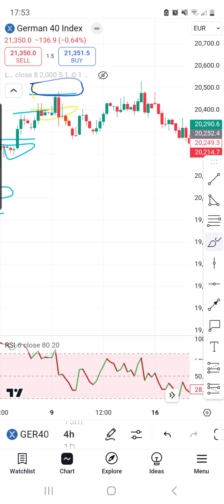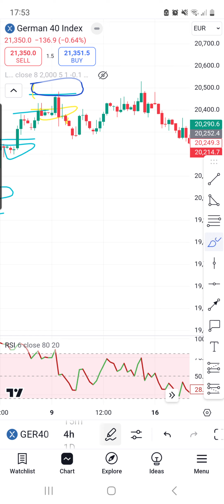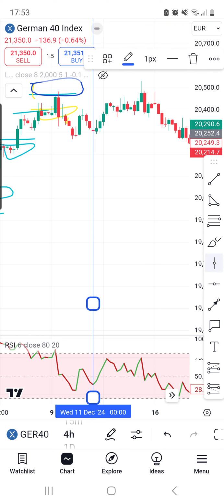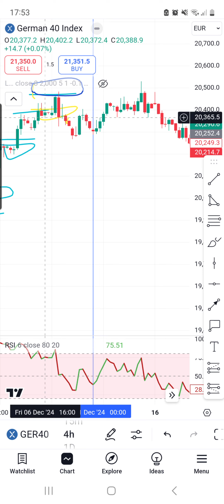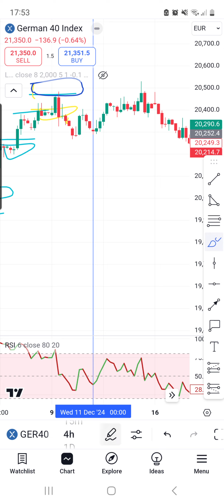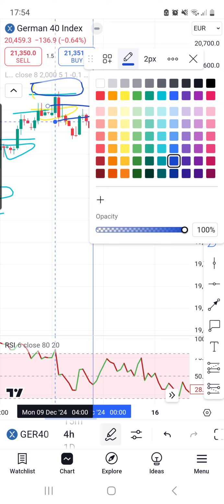As we can see, price decided to come and retest the breaker again here. So let's have a look. Okay, so price came and it retested the breaker. It decided to retest the breaker here, and even retest the source as well.